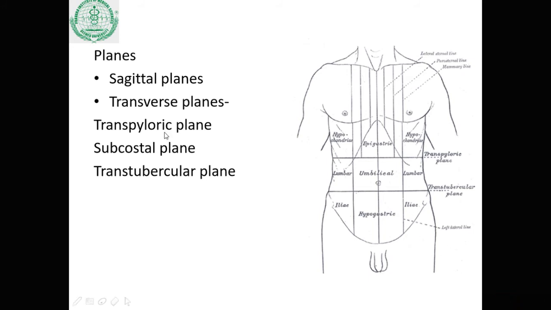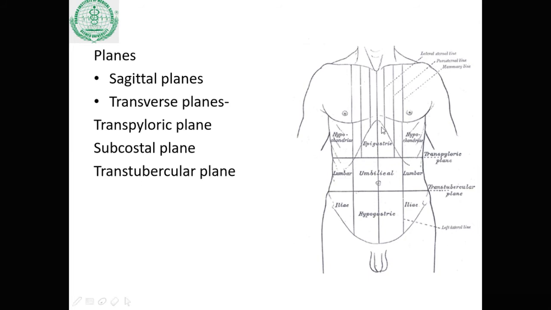Then the transverse planes. The transpyloric plane, it is also known as the plane of Addison. It is indicated by a line midway between the suprasternal notch and the pubic symphysis.